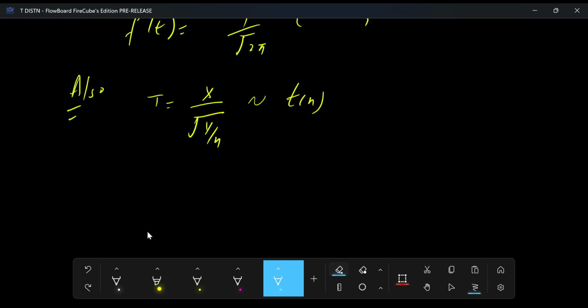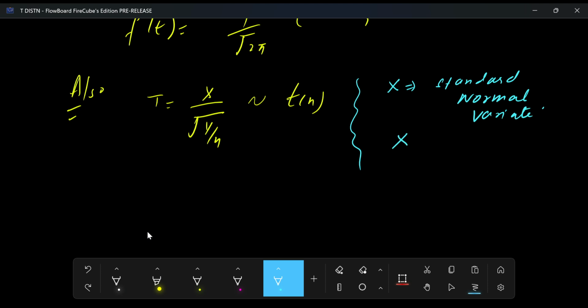That is, x is nothing but simply a standard normal variate. That is, the distribution of x is normal 0, 1, and the distribution of y is nothing but chi-square with n degrees of freedom.